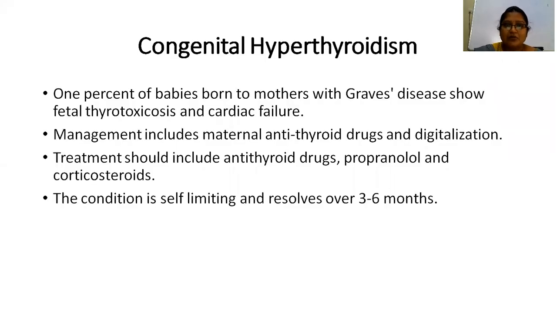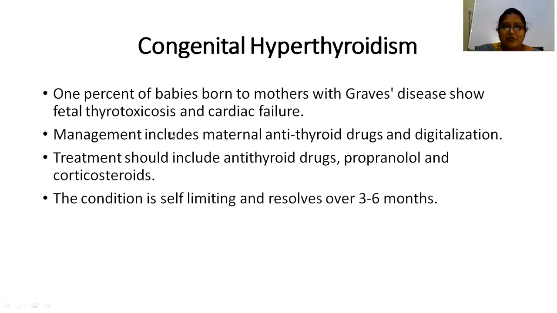Then coming to the last topic, congenital hyperthyroidism. When mothers have a previous history or concurrent Graves' disease during pregnancy, fetal thyrotoxicosis is seen. During intrauterine life, they can present with fetal tachycardia and goiter.